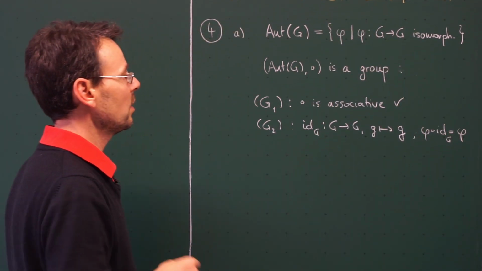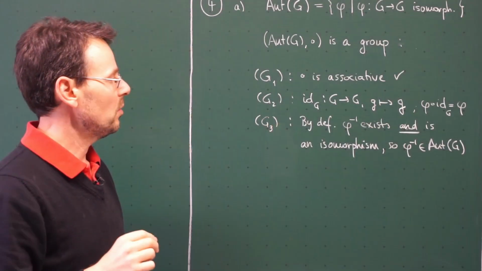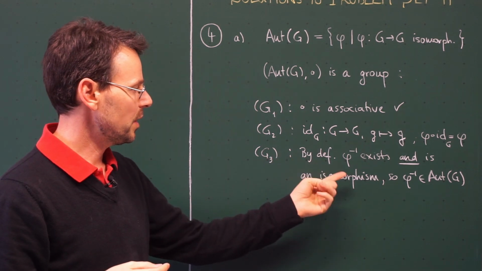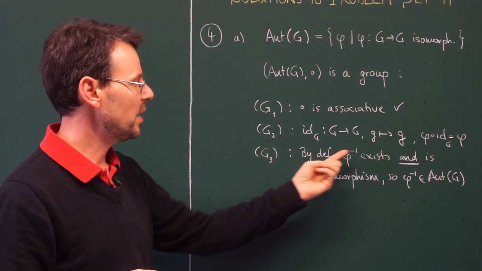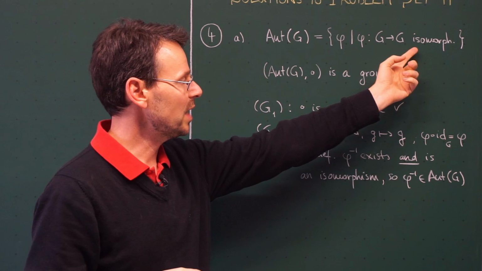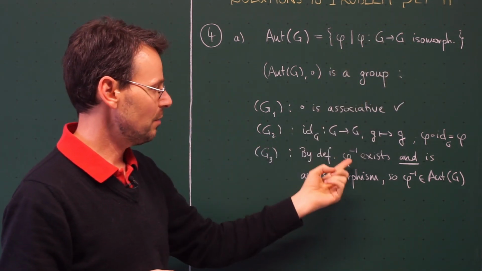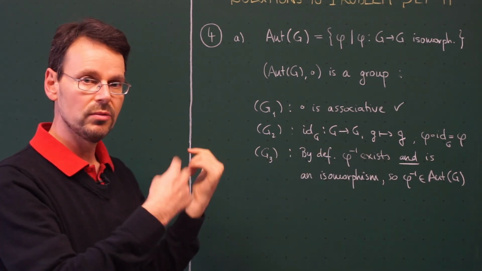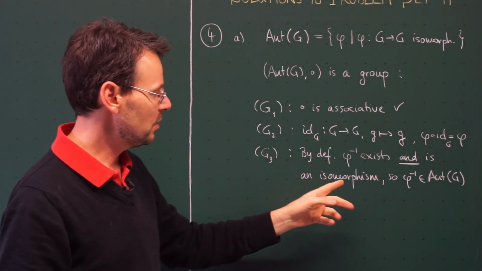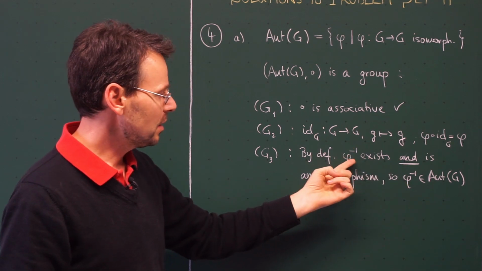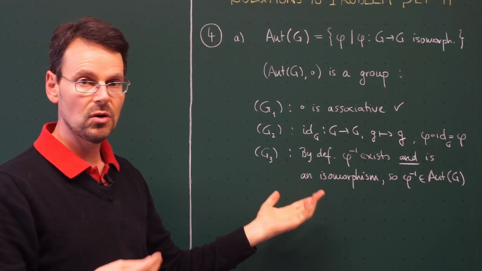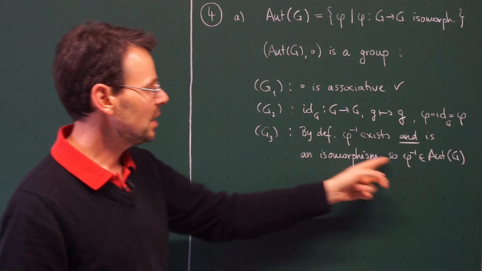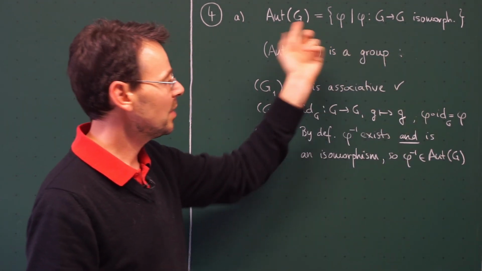Now, for G3 we have to find an inverse to each element. By definition these are bijective maps, so they have inverses going from G to G again, and we proved in this lesson's video that phi inverse is then automatically also a homomorphism, so actually an isomorphism, meaning that phi inverse again is an element of this set.